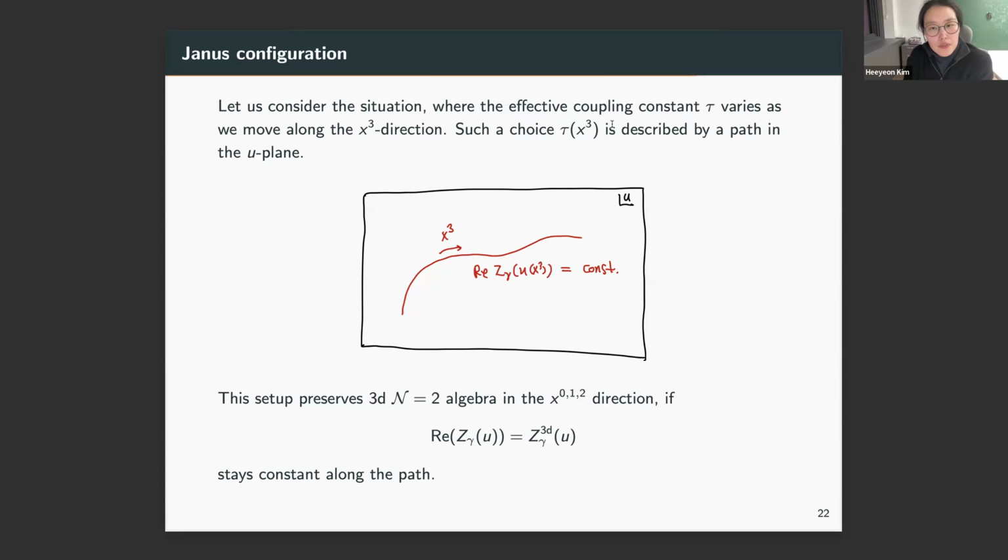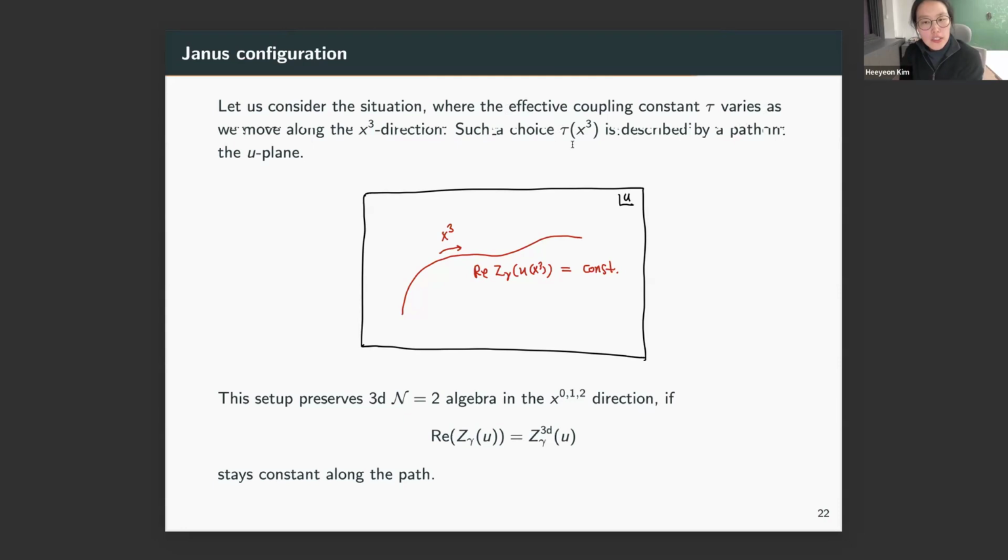Such a choice of configuration of τ as a function of x3 is going to be described by a path in the U plane. So τ is a function of U, and τ(x3) gives rise to a certain path in the U plane. For example, in this rank 1 theory, it's a line inside this complex plane.